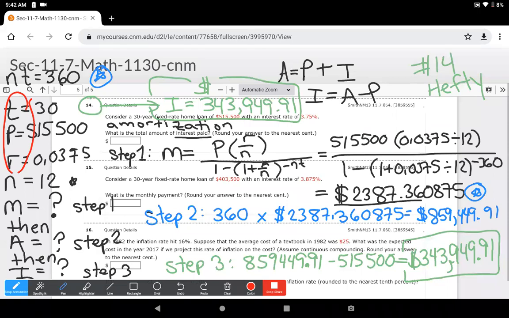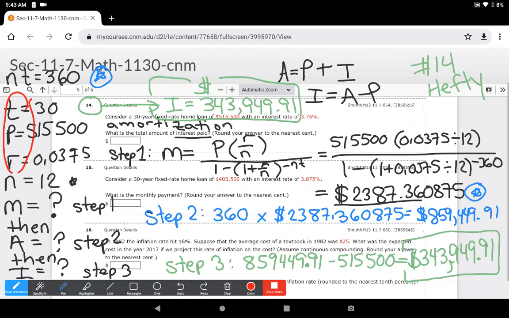So that one I really had to use the examples of how you apply it. I first isolated the input and then asked myself, what do the two formulas that I have input for apply to? And only one of them applied to home loans. So that one took some work, because then after we got there, we had to realize we make 360 of these payments, so it scales up to this amount.